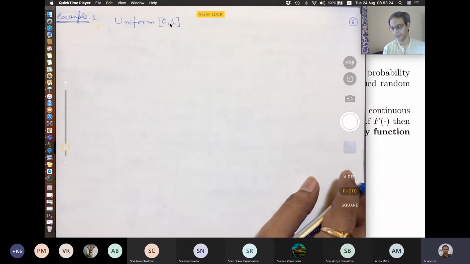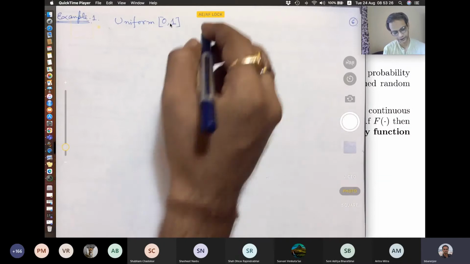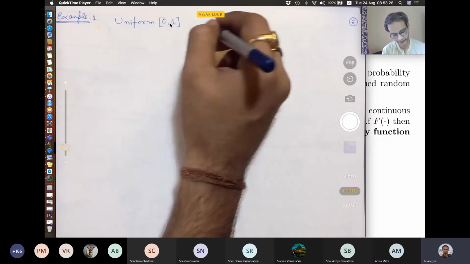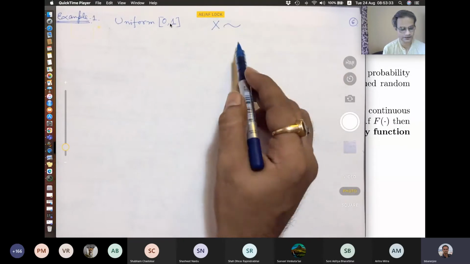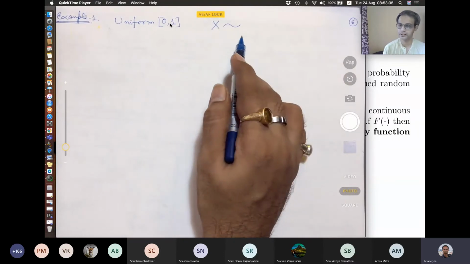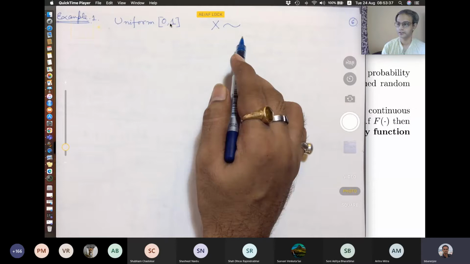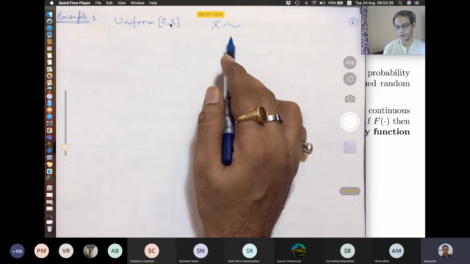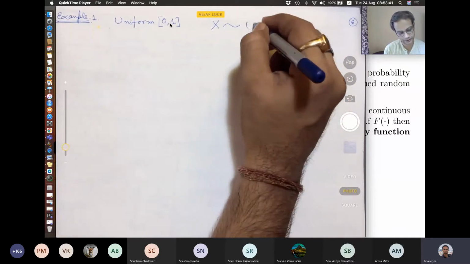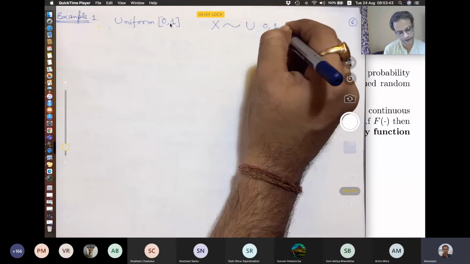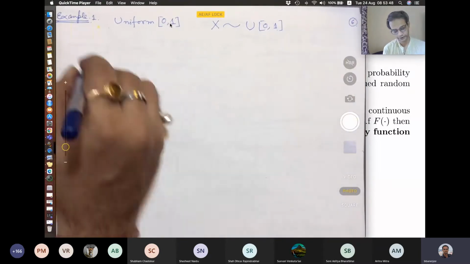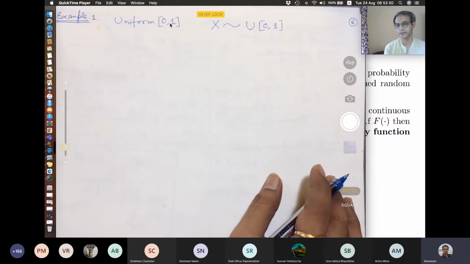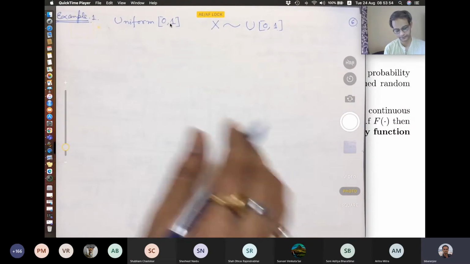So we are defining the CDF. Usually we write in this way that X follows Uniform(0, 1). This symbol is standard in probability and statistics. So this is the lower limit, this is the upper limit. As I have told, the CDF uniquely identifies the random variable. So let me give you the CDF.